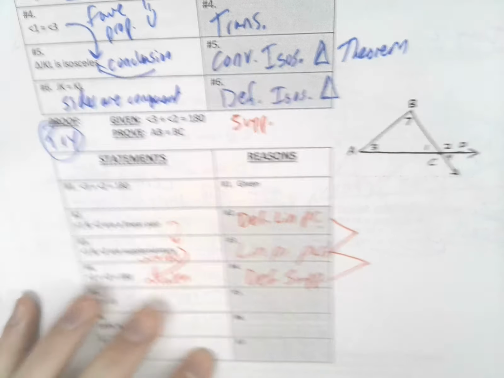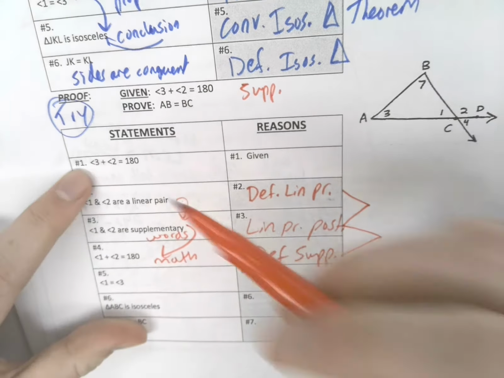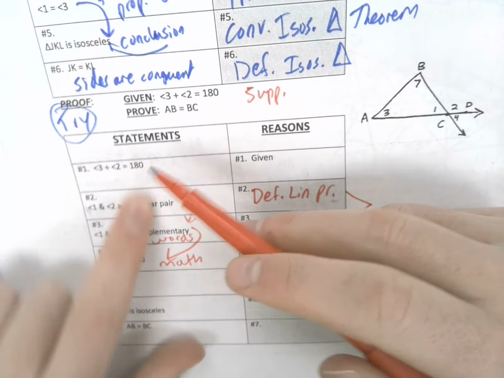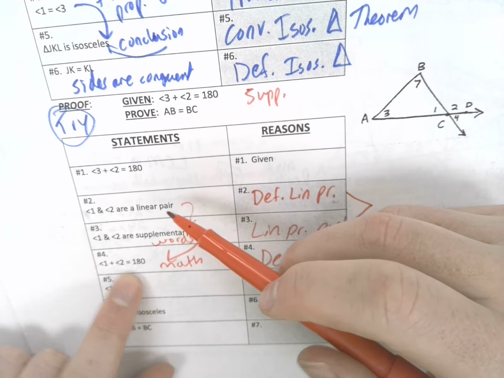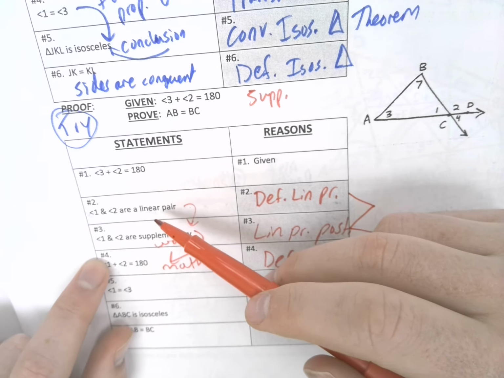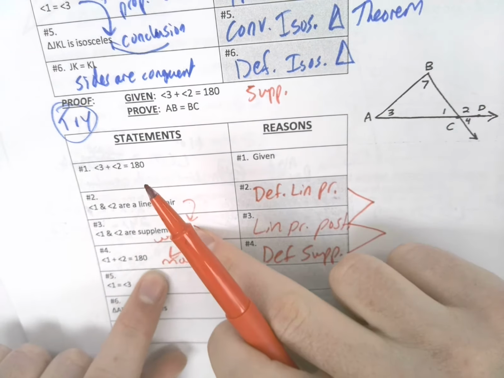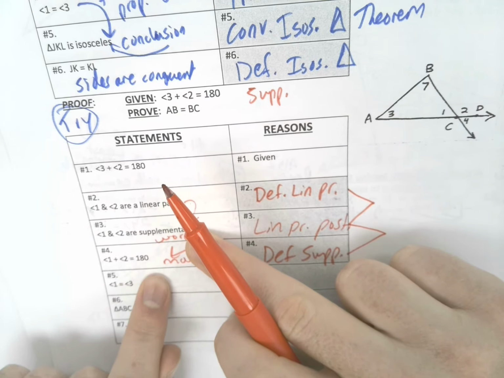Hopefully you guys were good on that. Now we're told 3 plus 2 is 180, and 1 and 2 are a linear pair, and 1 and 2 are supplementary, then 1 plus 2 is going to be 180.